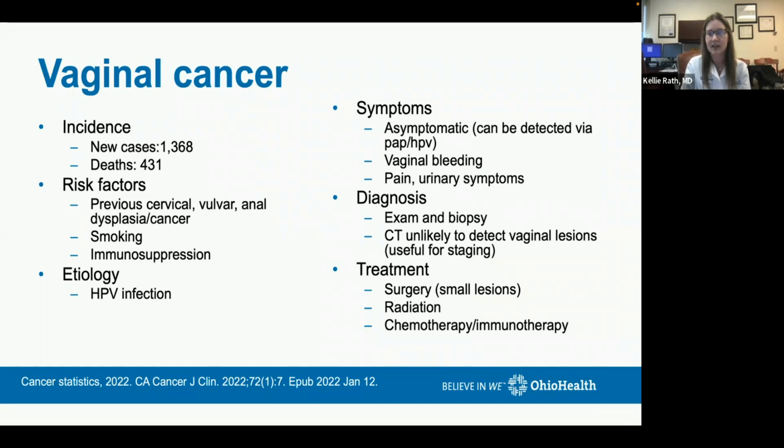Patients may have vaginal bleeding, pain, or urinary symptoms. Diagnosis is typically based on exam and biopsy. CT scans are very difficult for diagnosing a small vaginal tumor because the vagina is collapsed and a small soft tissue tumor is not able to be detected with a CT scan. Treatment is either surgical or with chemo and radiation.